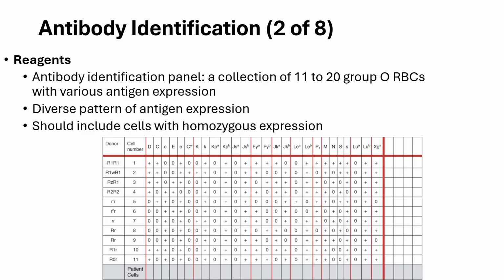For antigen expression, the panel should include a diverse pattern of antigen expression to help distinguish between different antibodies. It is important to include cells with homozygous expression of certain antigens, so cells expressing two copies of the same antigen, because they often show stronger reactions, like dosage, aiding in antibody identification.